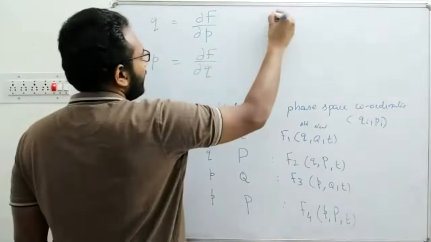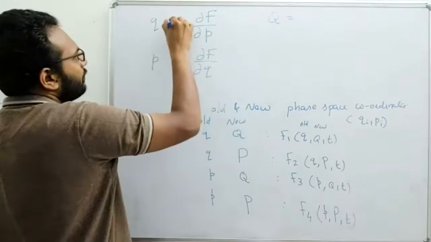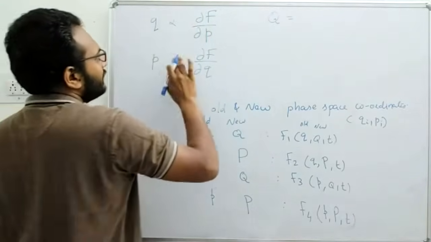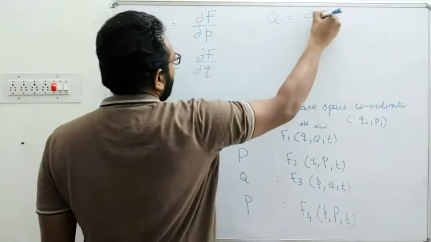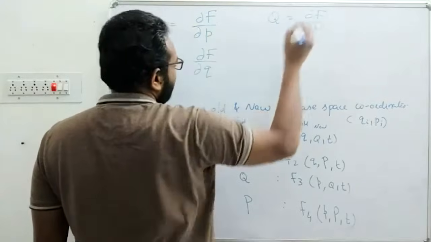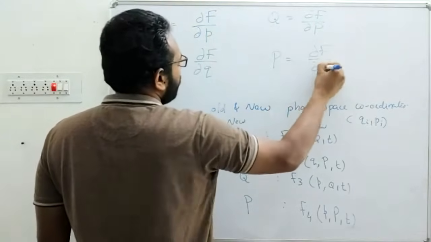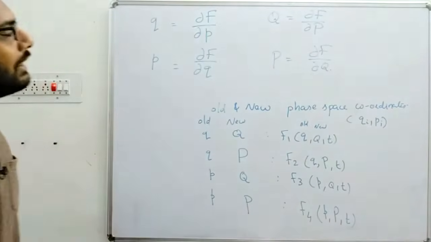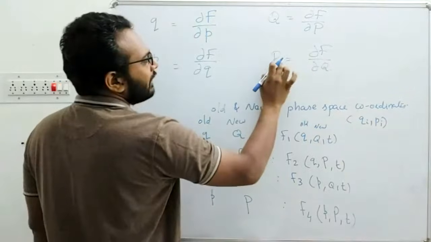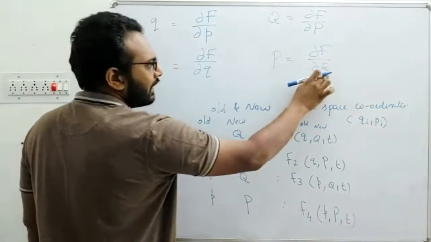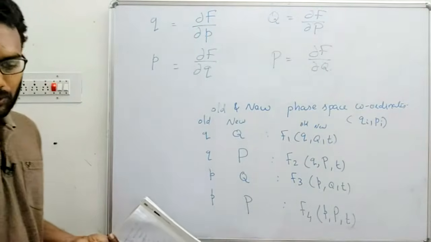If you want to find capital Q, it's up to a minus sign dou F by dou capital P, and capital P is dou F by dou capital Q. These are conjugate. If you have capital P here, you need to take the derivative with capital Q. If you need small p, you need to take the derivative with small q, etc.